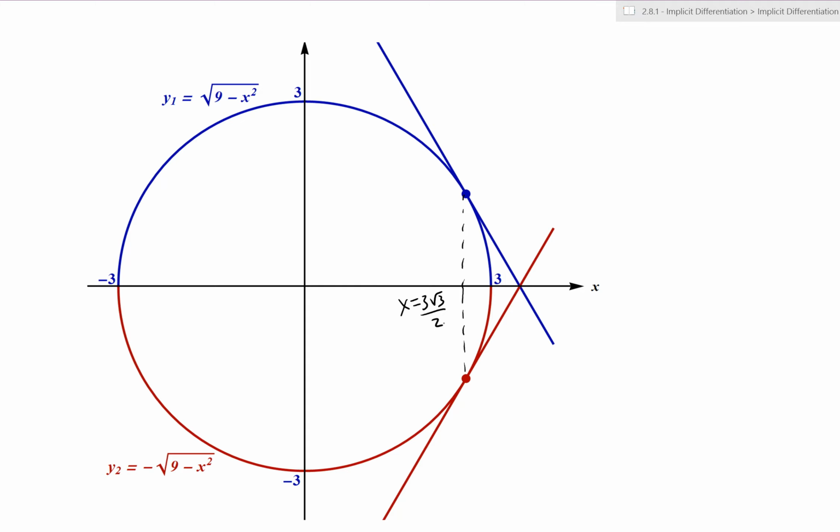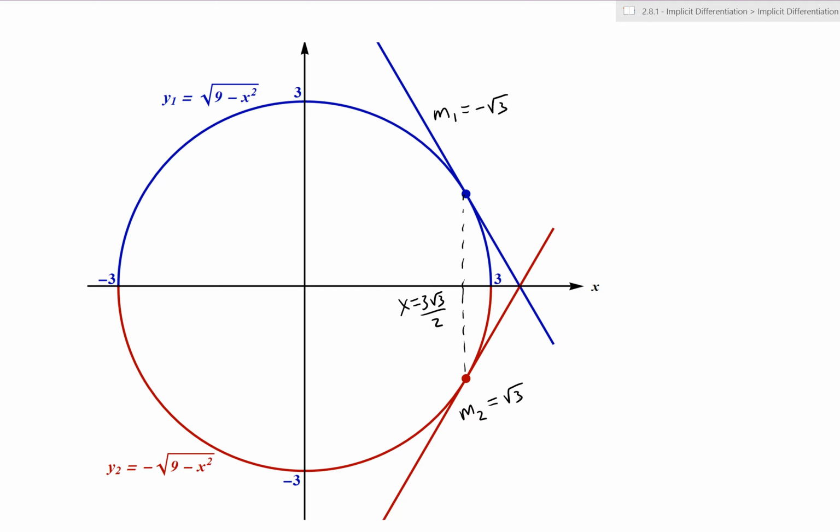And thus, you see that the slope of the tangent line on the top semicircle had slope, let's call it m1, equal to negative root 3. And then the slope of the tangent line on the bottom semicircle at this value of x, call it m2, was equal to positive root 3. So you can see that this is a thing we can do, right?